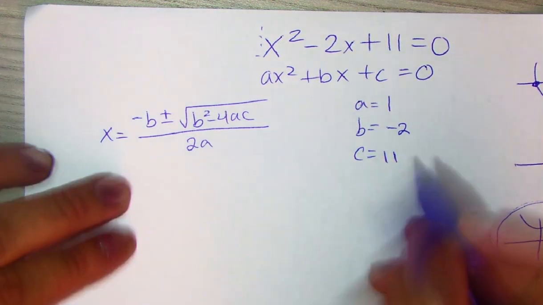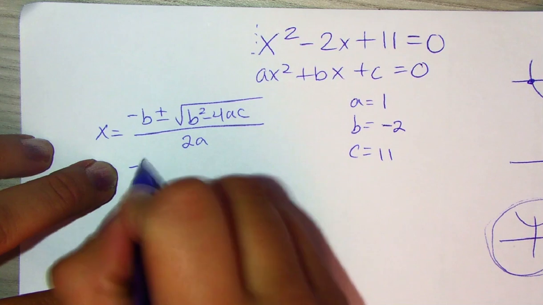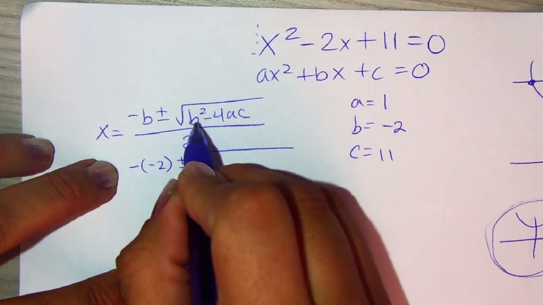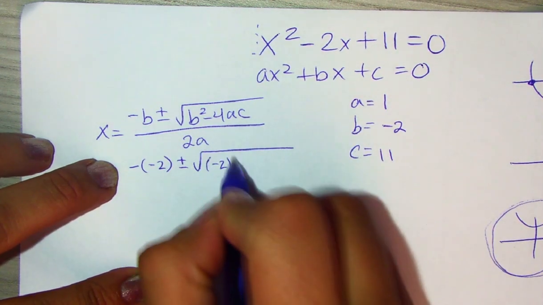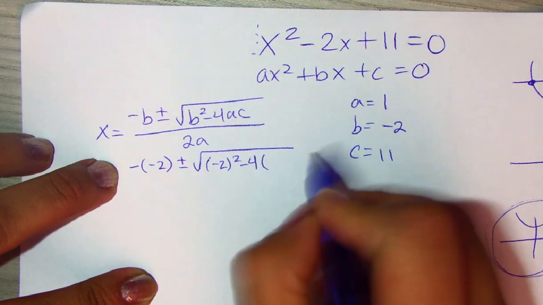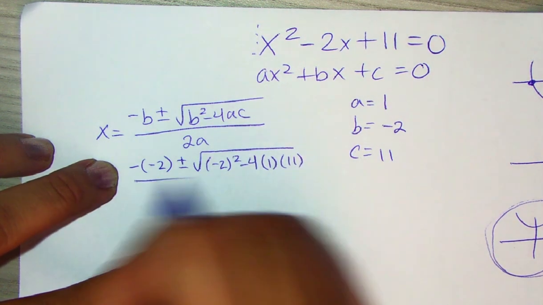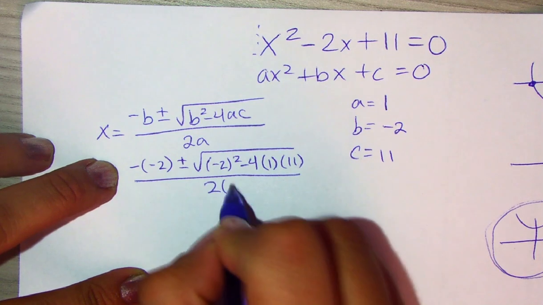So from there, we substitute our values. We're going to have -2 plus or minus the square root of b squared, so -2 squared, minus 4 times a, which is 1, and times c, which is 11, over 2a. So 2 times 1.